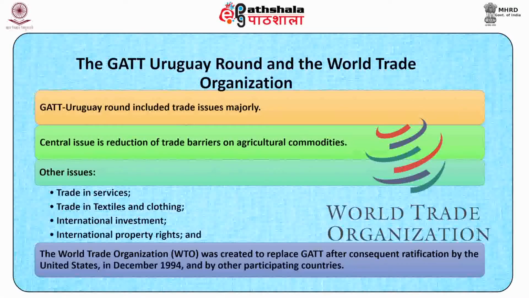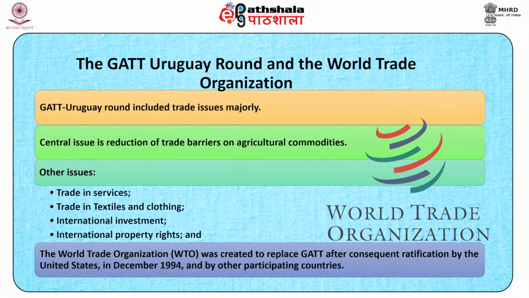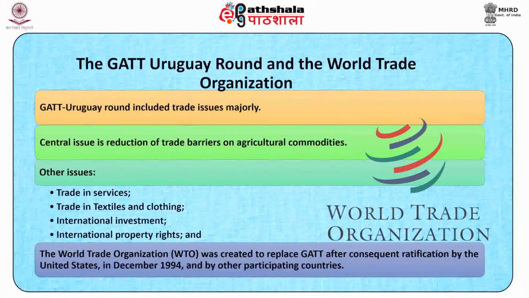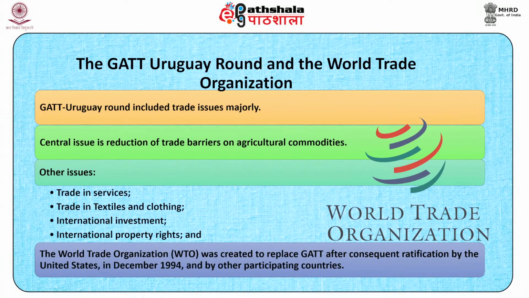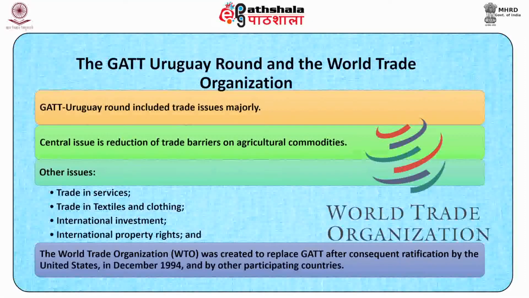The round concluded in late 1993 with an agreement. New universal guidelines were established and the World Trade Organization was created to replace GATT after consequent ratification by the United States in December 1994 and by other participating countries.